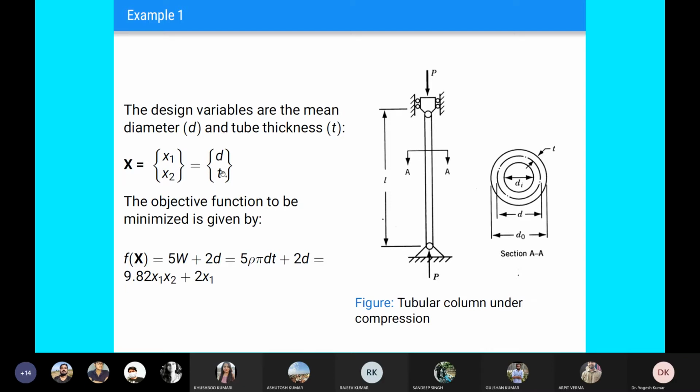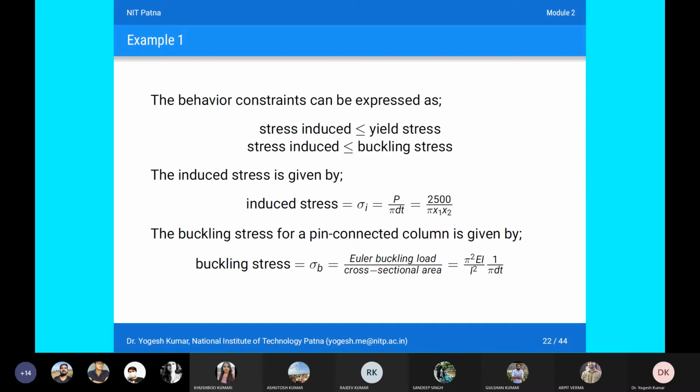Then the next step was to identify the constraints. What are the design constraints related to this optimization problem? Previously there was some typographic error here also. I missed buckling stresses; I told you during the lecture. The behavior constraints were that the induced stress should be less than or equal to the yield stress, as well as less than or equal to the buckling stress.